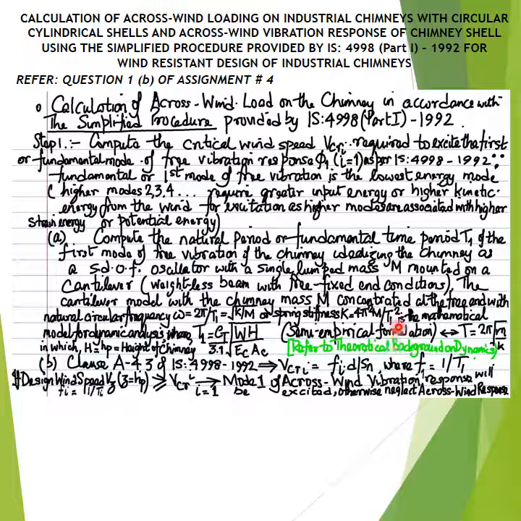of the practical or real industrial chimney structure, in order to determine the dynamic properties or the dynamic characteristics of the mathematical model, that is the single degree of freedom oscillator representing or idealizing the real or practical industrial chimney structure for purposes of dynamic analysis.